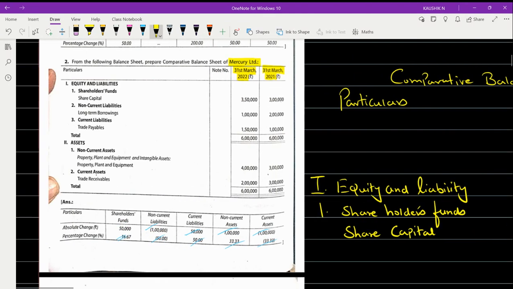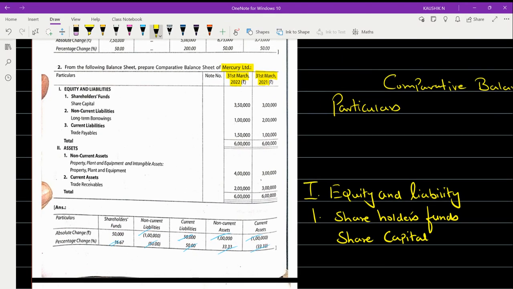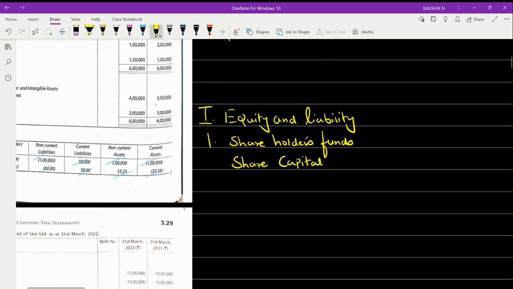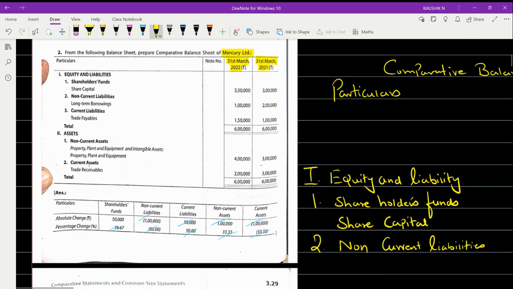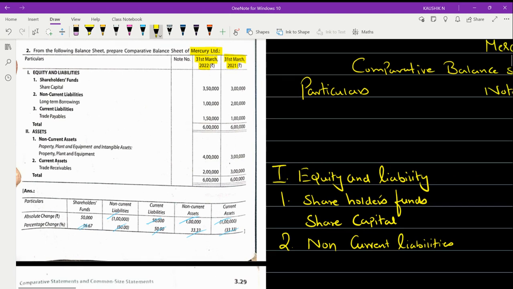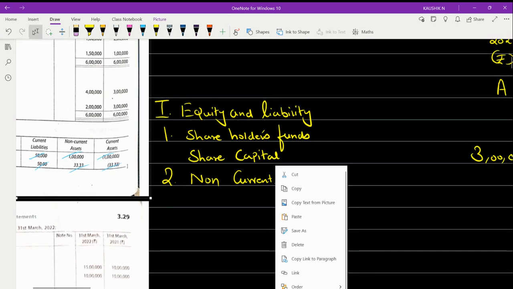Now come to the second item. What is mentioned? Numerical number 2, non-current liabilities. Under this, what have they mentioned?